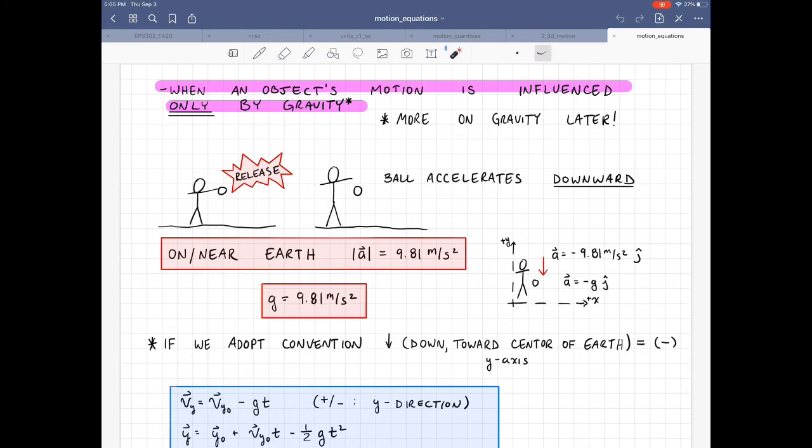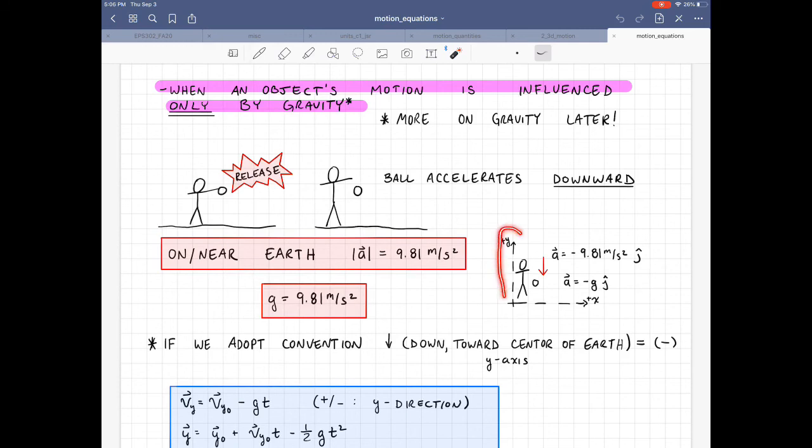This acceleration due to gravity is used all the time, so we actually have a symbol set aside for it. Little g is the magnitude of the acceleration of an object near the surface of the earth, so 9.81 meters per second squared. Let's make sure that we're clear on what we're saying.